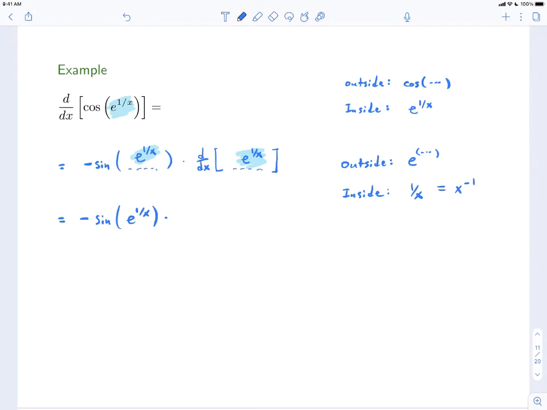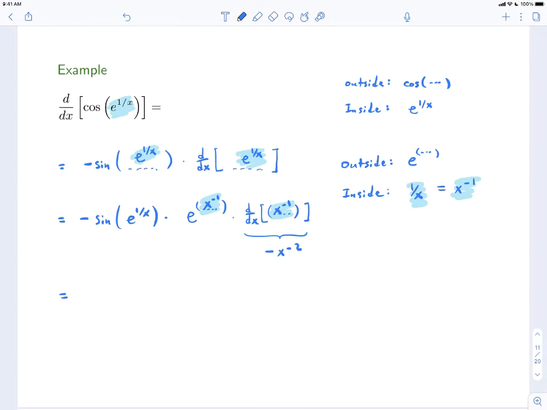The derivative of e to the something is e to that thing again, and then we multiply that by the derivative with respect to x of whatever's inside. The inside function is 1 over x, or x to the negative 1. So let's put x to the negative 1 here and x to the negative 1 there. That's our inside function, and this is x to a power, so we know how to differentiate it. It's minus x to the minus 2, or if you prefer, minus 1 over x squared.